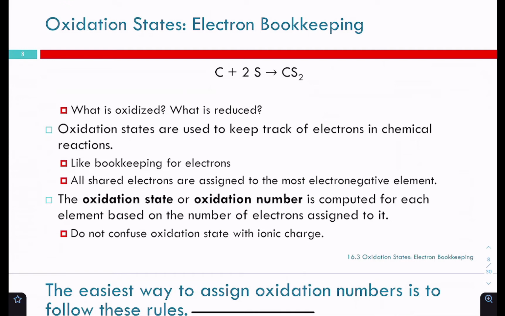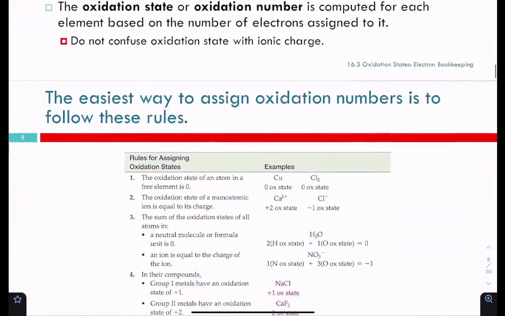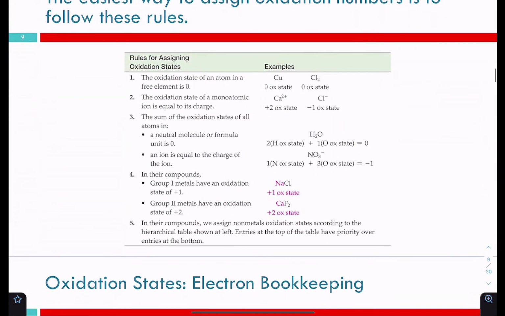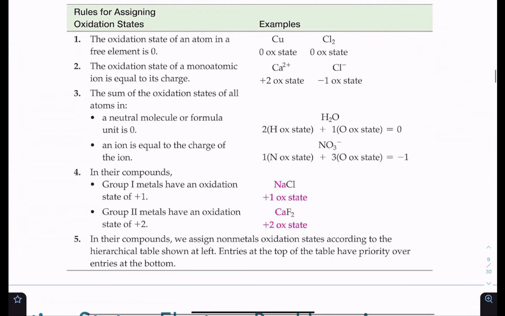Okay, so the oxidation state or oxidation number is computed for each element based on the number of electrons assigned to it. And we'll get to that. But it's going to be the same in some situations as the ionic charge, so the charges that we've talked about with ionic compounds, but not always. So the easiest way to assign oxidation states is to follow these rules. The oxidation state of an atom in a free element is 0.